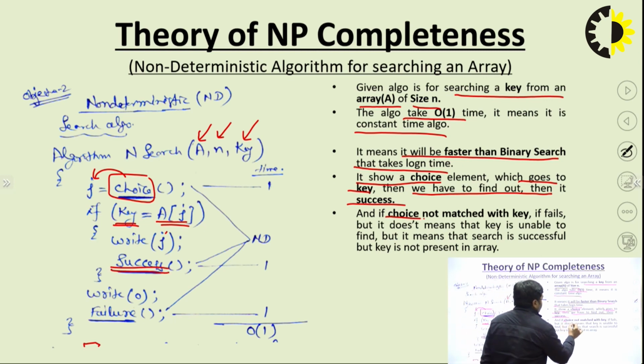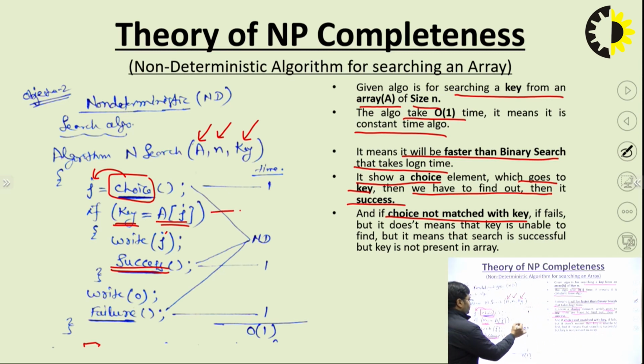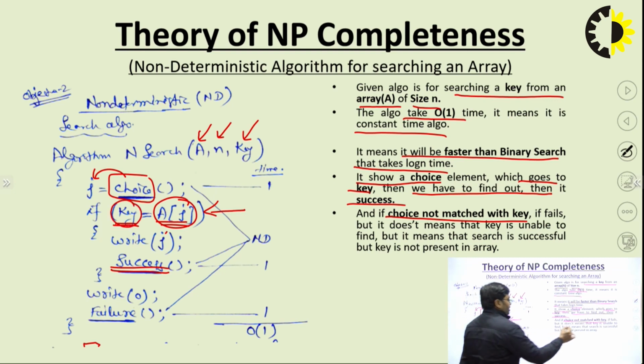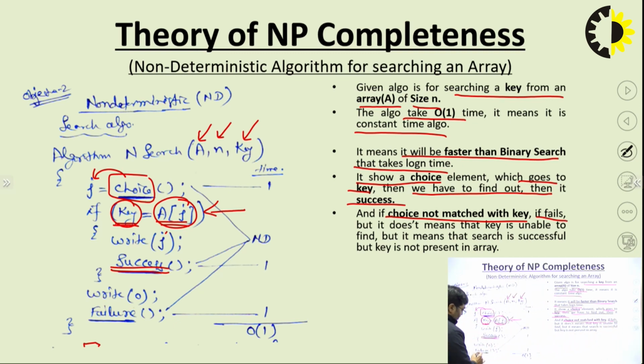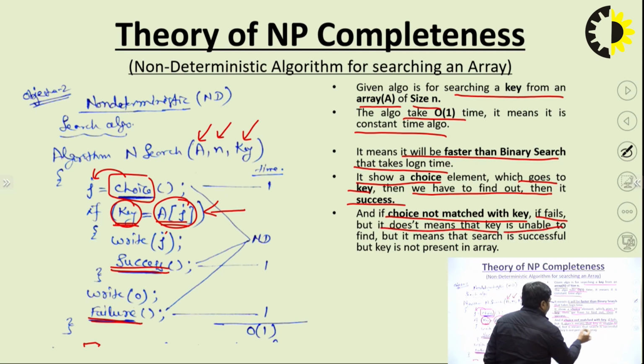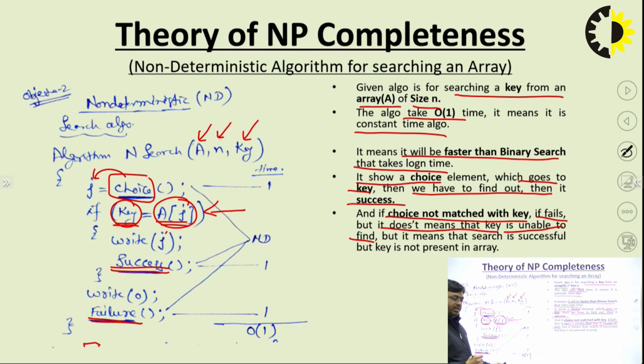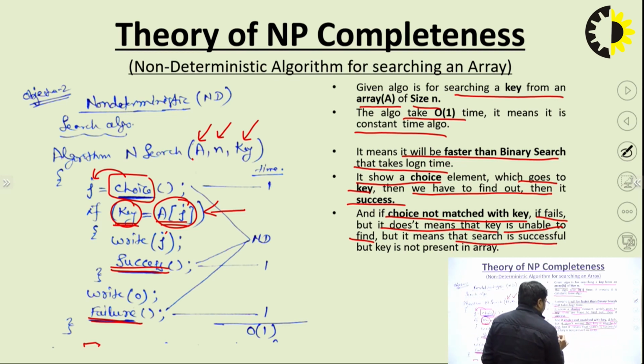And if A of j does not match the key in the if statement, it fails, meaning it comes to failure. But failure doesn't mean that the key is unable to be found through this method; it means that the search was carried out but the key is not present in that array.